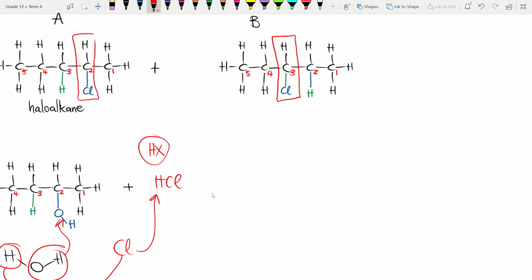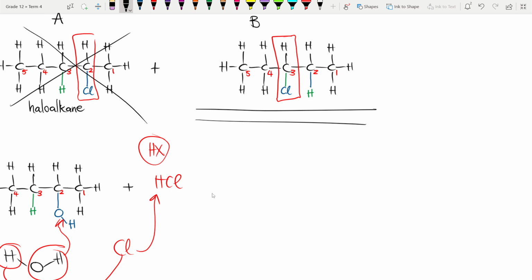That's the only way you can figure out which one is really B and which one is really A. So in the memo, you expect to have only this one, and they may not even accept the other for the structural formula of B.